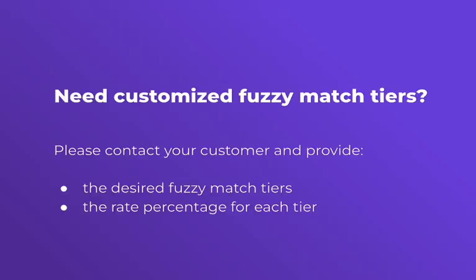Please reach out to your client, who can adjust their fuzzy match profile to fit your requirements. Simply provide your desired fuzzy match tiers, as well as the corresponding rate percentage for each tier. The tiers and discounts can then be adjusted accordingly for your estimates and word counts report.